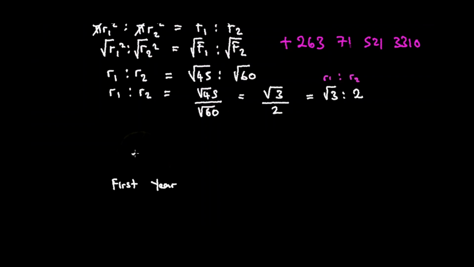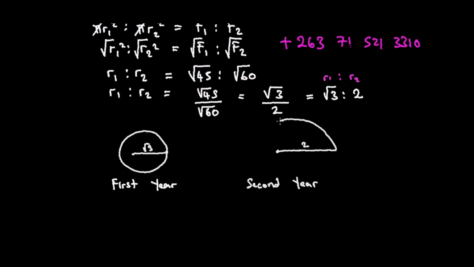So we take root 3 as a radius to construct our circle. For our second year, the radius is going to be r2, which is 2, so it is bigger than root 3. Then we construct our circle like this.